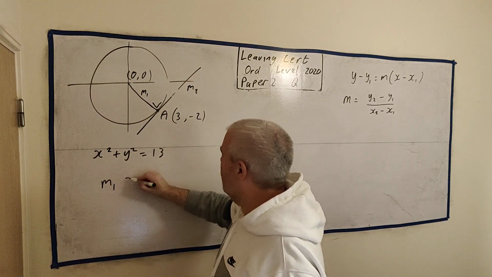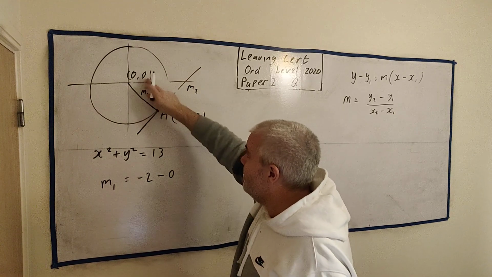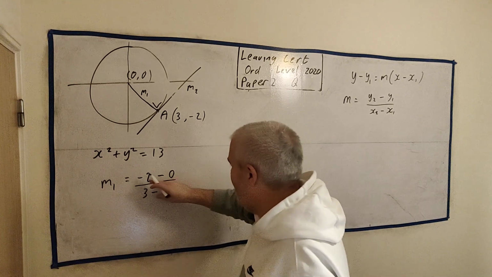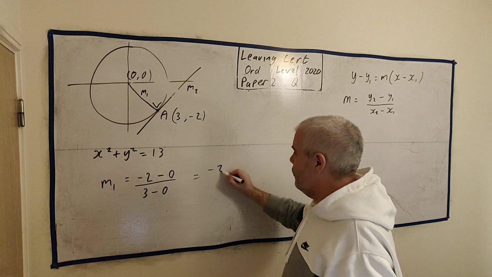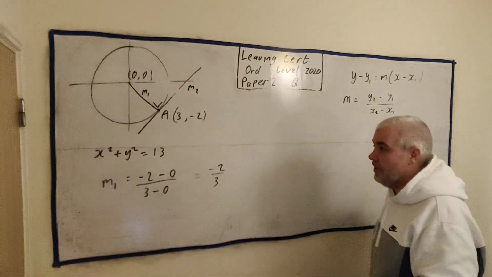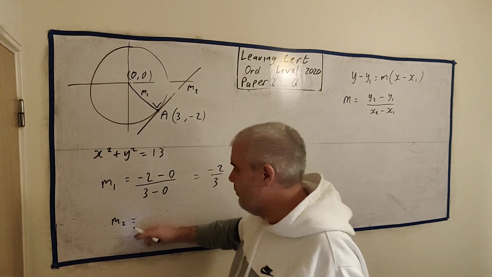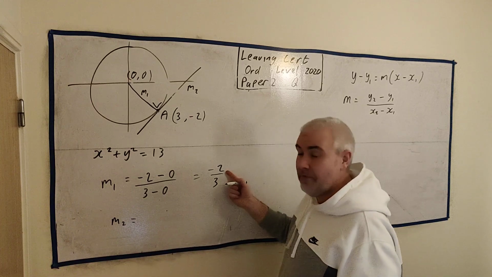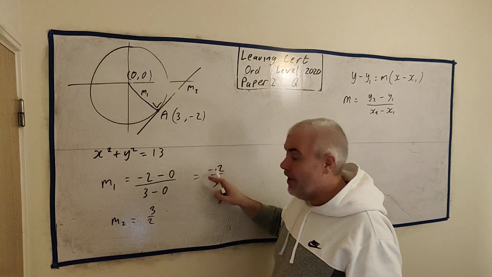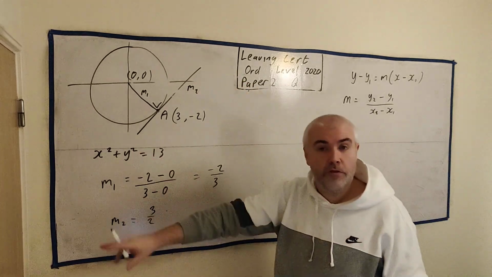And my slope 1 will equal minus 2 minus 0 divided by 3 minus 0. Well, minus 2 minus 0 is just minus 2, and 3 is just 3. And that's it, minus 2 over 3 is that slope. So we can just go ahead, you don't have to do anything else than this for m2. You just have to flip this upside down, 3 over 2, and change the sign from a minus to a plus. And that's our slope for m2.